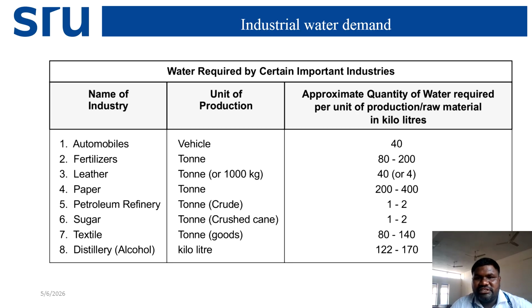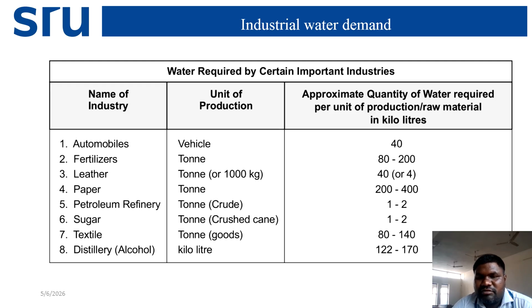Coming to the industrial water demand, based on the name of the industry and the production, the quantity of water will vary. See here, in the automobile industry, for making one vehicle, 40 kiloliters is required. In fertilizers, to make 1 ton of fertilizer, 80 to 200 kiloliters are required. In textile, 1 ton requires 80 to 140.